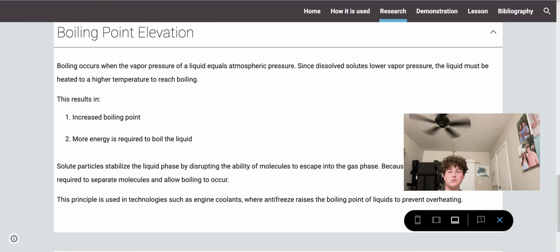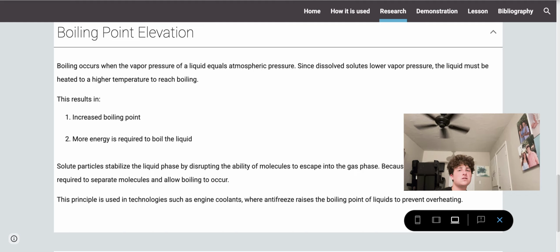So when you don't want it to boil, you would put stuff in there to make it so that it's not going to boil. And you would do this by lowering the vapor pressure, which is what we just talked about. The colligative properties will contain the vapor inside the water.